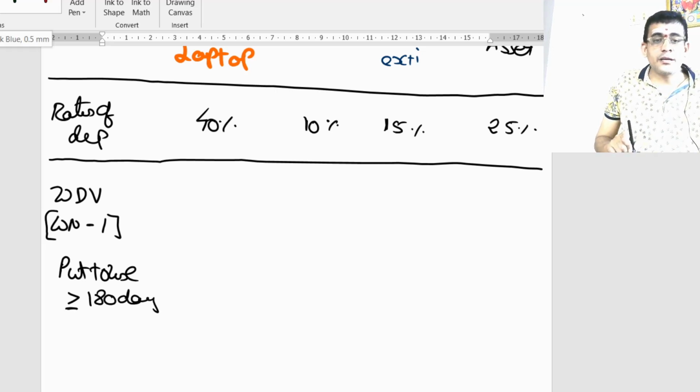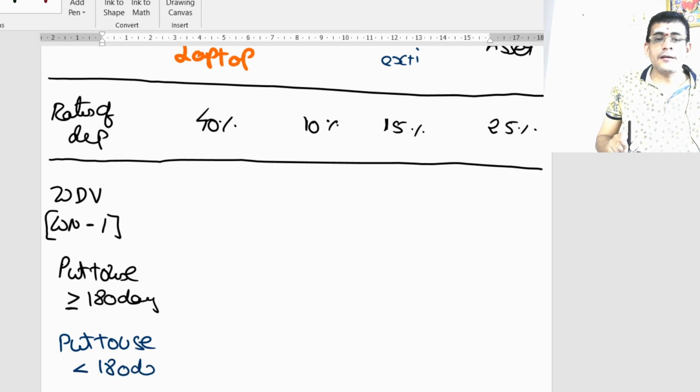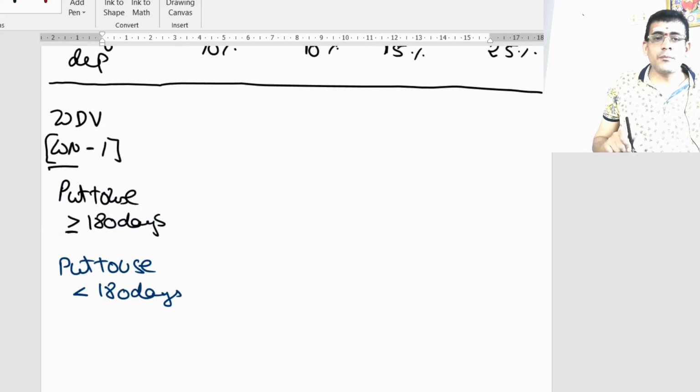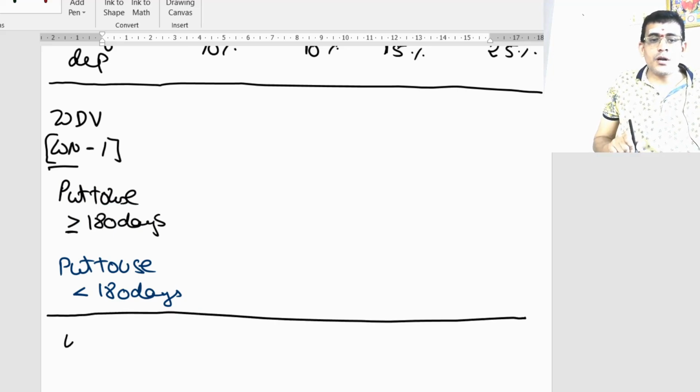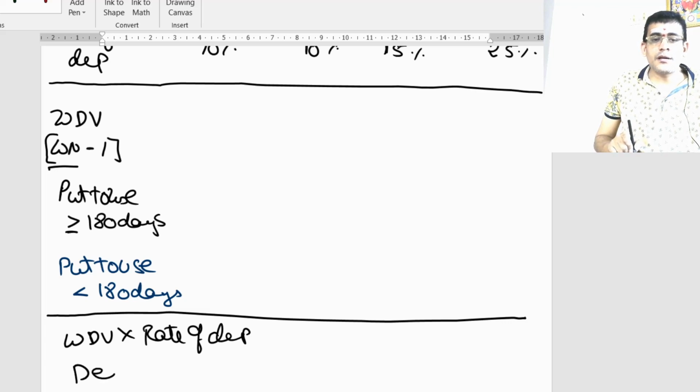The second category is put to use for less than 180 days. Both of these you will calculate as a part of your WDV. Then in your next step, WDV into rate of depreciation is going to give you the depreciation to be allowed as a deduction under section 32.